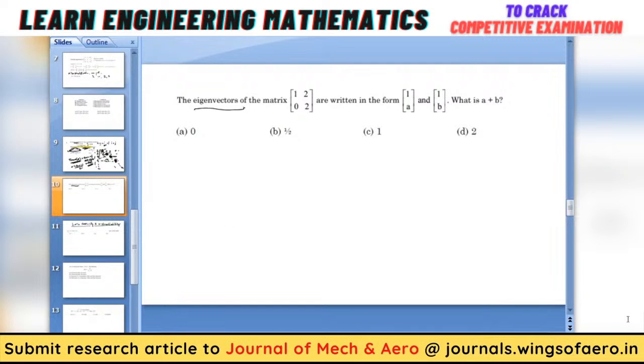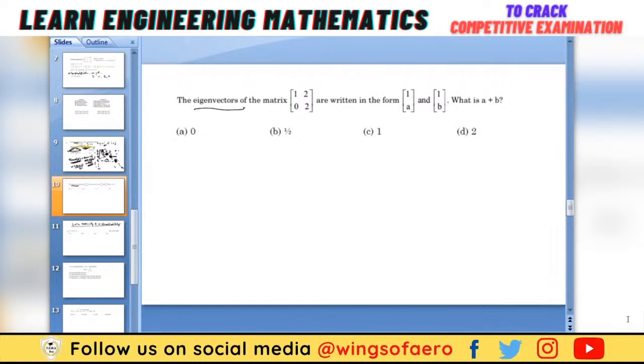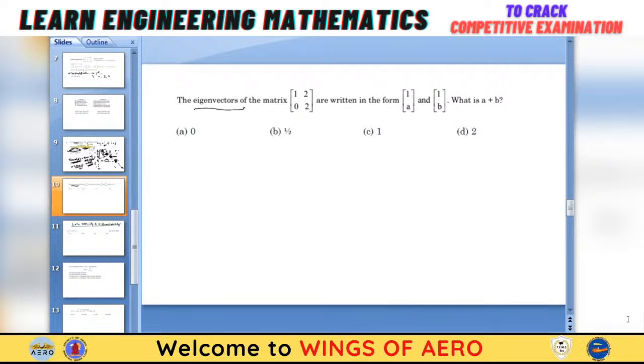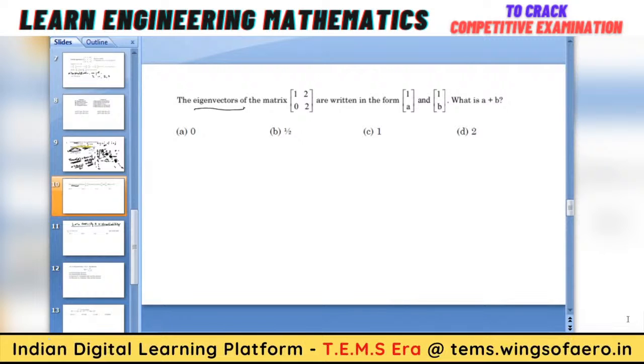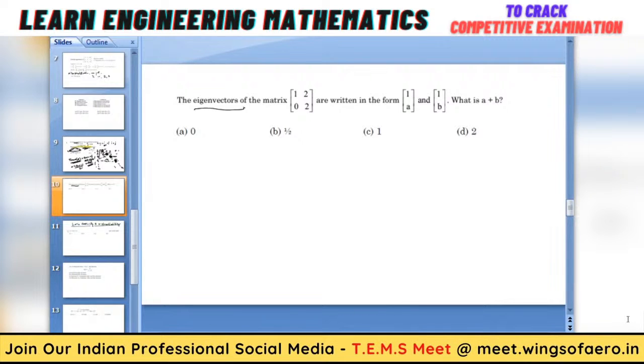It is a very important topic. Eigenvalues and eigenvectors are an important topic for every engineering student, whether mechanical, aerospace, civil or any other kind of engineering. Eigenvalues and eigenvectors have different types of applications in your field.